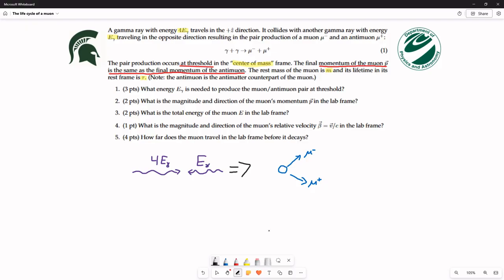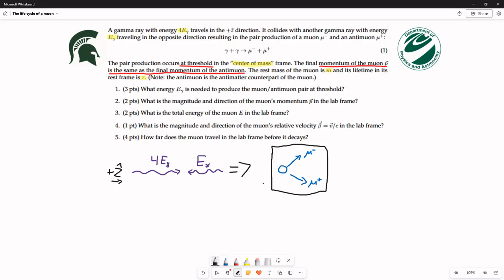Taking a look, first thing I usually do is draw a diagram. We have our gamma rays, 4 E gamma, moving to the right, which I will call the plus z hat direction, and we have E gamma moving in the minus z hat direction. And then we have our two muons, which are produced over here.